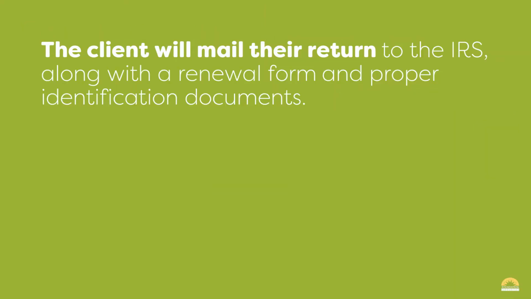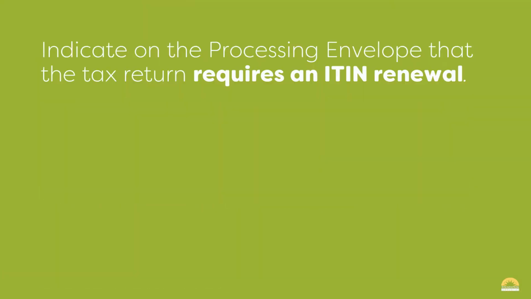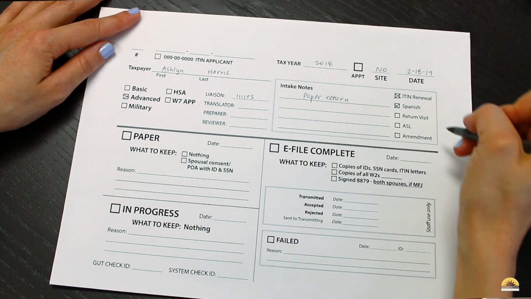Once the tax return has been completed, the client will submit the tax return alongside a renewal form and proper identification documents to the IRS. Do not send these clients away, as paid preparers can charge up to $200 to complete the required document. For these cases, complete the intake interview as usual. Please indicate in the processing envelope that this tax return requires an ITIN renewal.